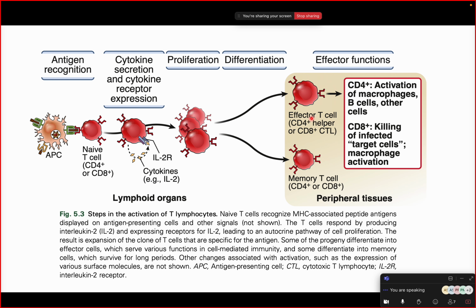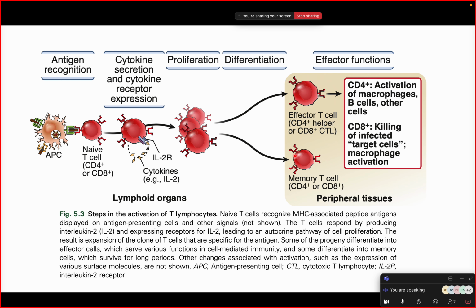And hence completely eradicating the infection. Now we also need memory, right? This is the whole fundamental of how we attain immunity. Once the selected cells were proliferated and differentiated, the effector T cells will do the function.